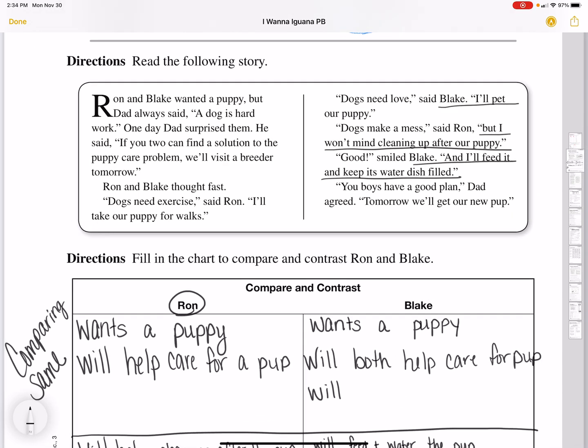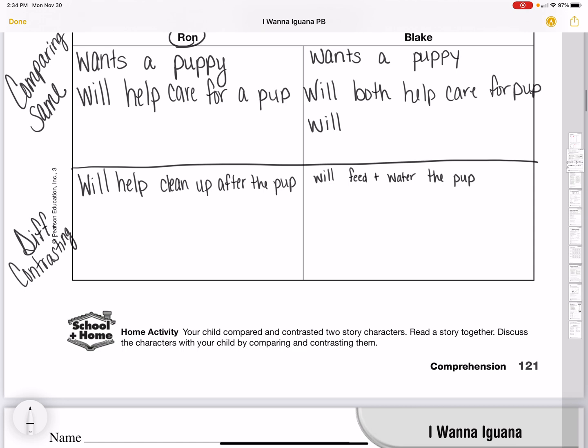Blake said he will pet the puppy, and Ron said that he will walk the puppy. So Blake said he will, what did he say? Pet the puppy. And Ron said he will walk the puppy.